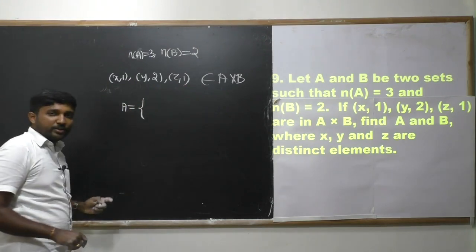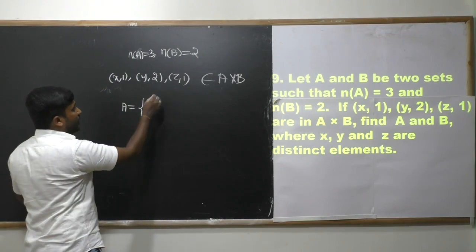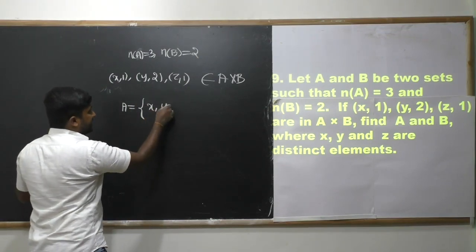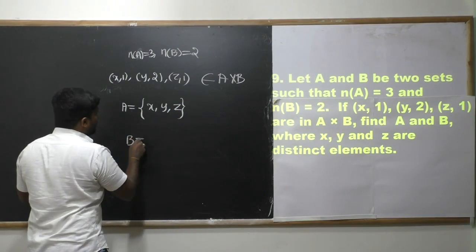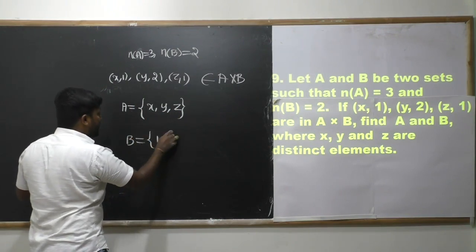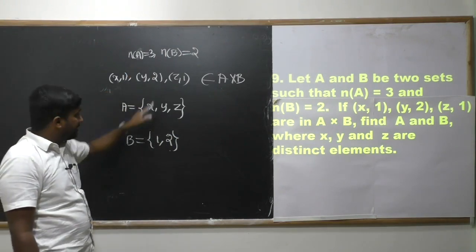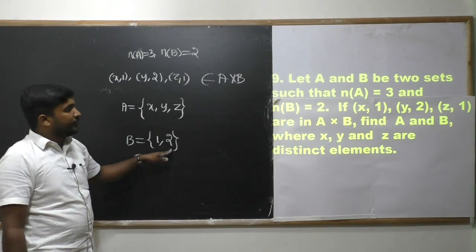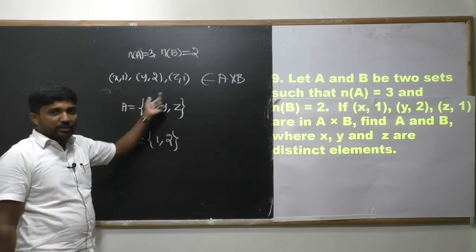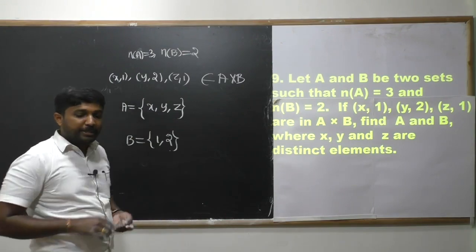A is equal to the set with the first elements of the ordered pairs, that is the set with elements x, y, z. B is equal to the set with elements 1 comma 2. So number of elements of set A is 3, number of elements of set B is 2. It satisfies the given condition. From the given 3 ordered pairs only, we have written the elements of set A and B.